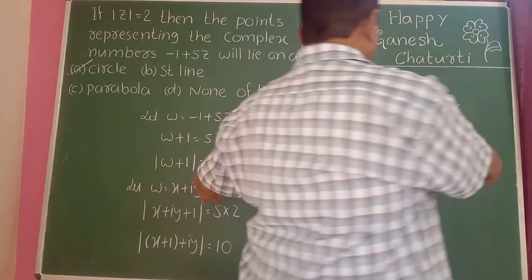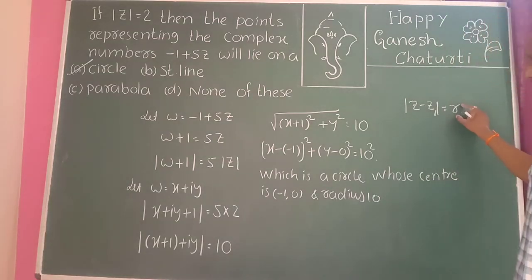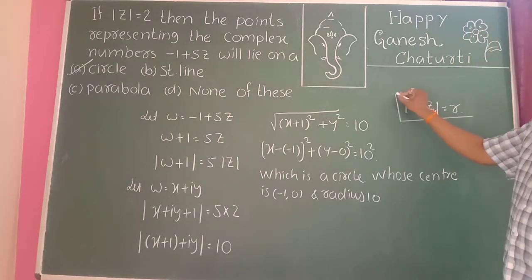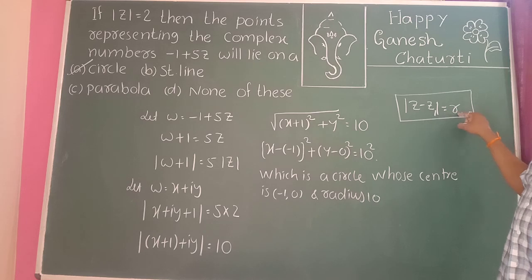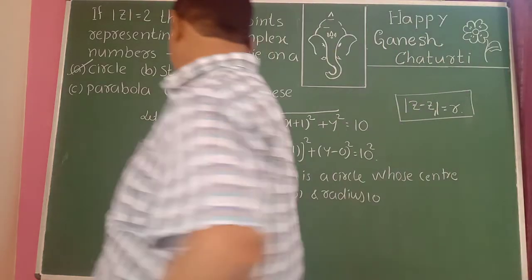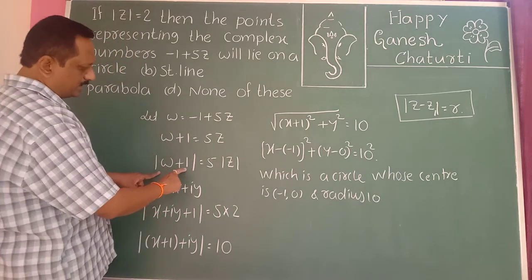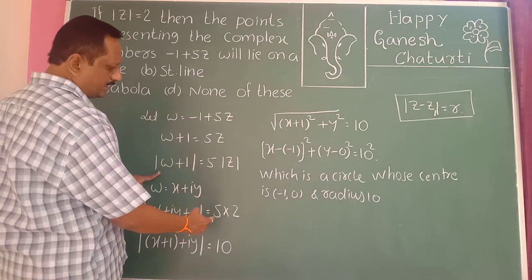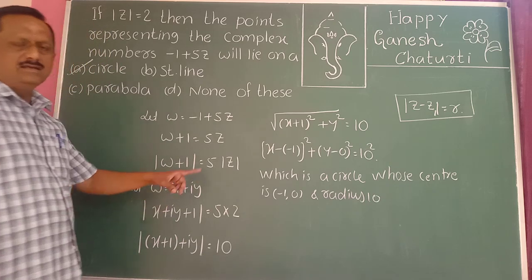So here r is the radius, a constant. If it is in the form of modulus of z minus z1 equal to r, then obviously it is a circle only. Hence this is also a circle here.